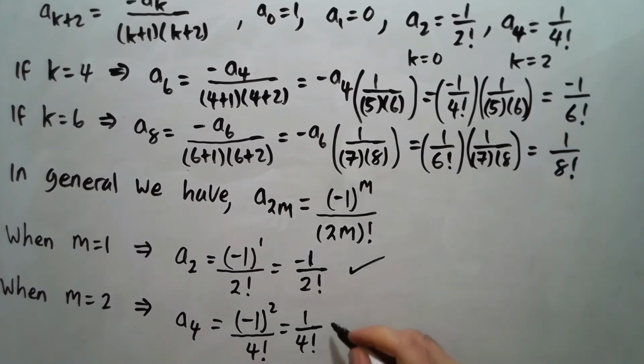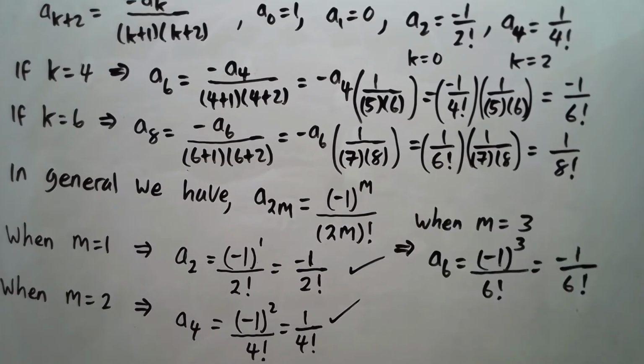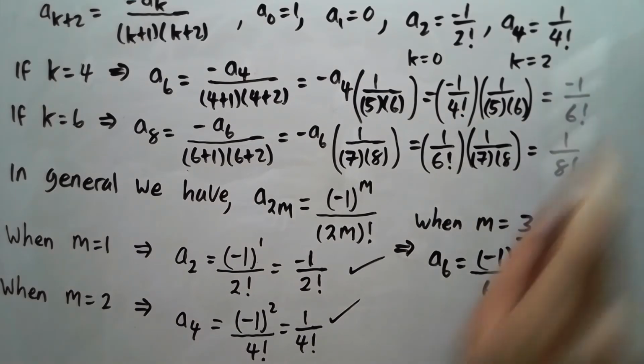So check. And let's check one more, say, when m is 3. So when m is 3, putting 3 here, I'll have a6 equals negative 1 to the 3 over, putting 3 here, 6 factorial, which is negative 1 over 6 factorial, which agrees with that one.